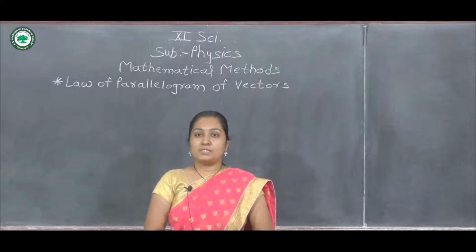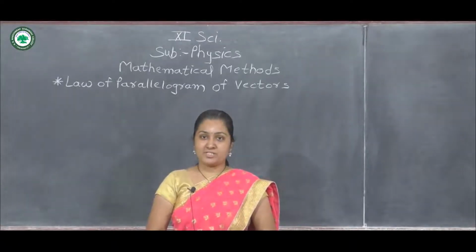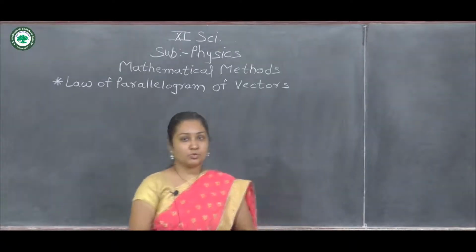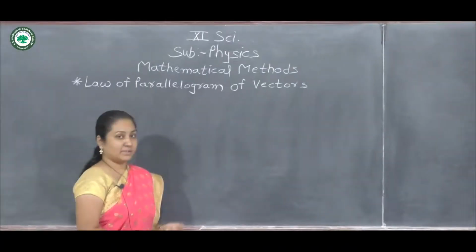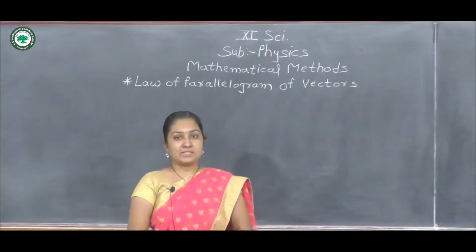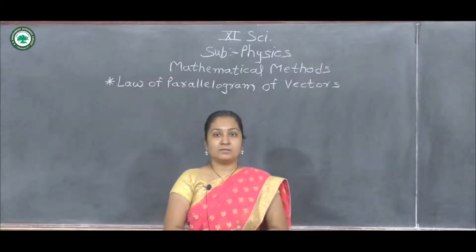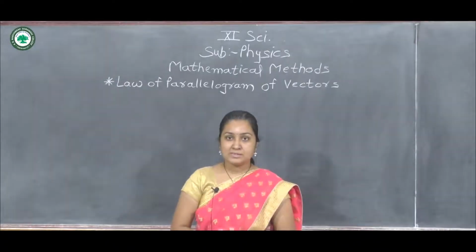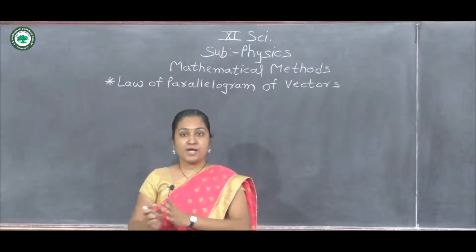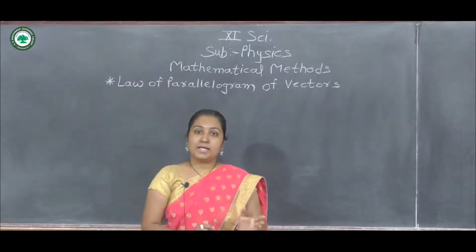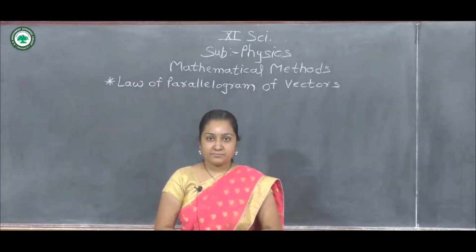We are going to study here 11th Science Physics chapter number 2, Mathematical Methods. In the last lectures we have studied the basics about mathematical methods, scalars, vectors, then the types of vectors.